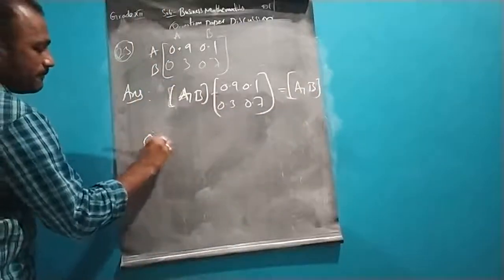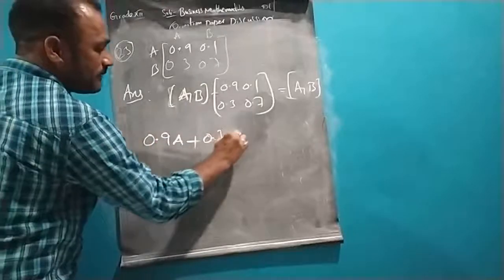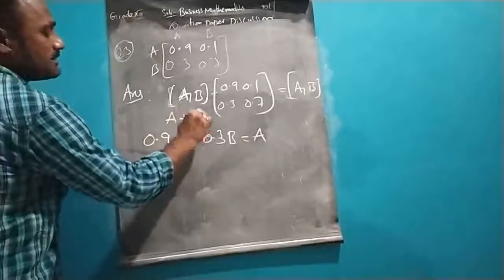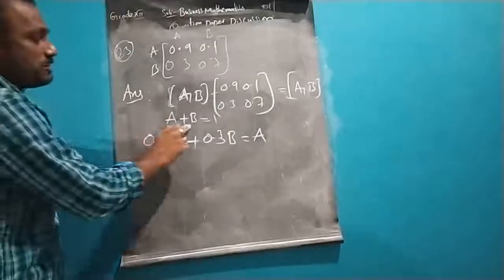So it will be 0.9A plus 0.3B is equal to A. We know that A plus B is equal to 1 because it is a transition probability matrix.